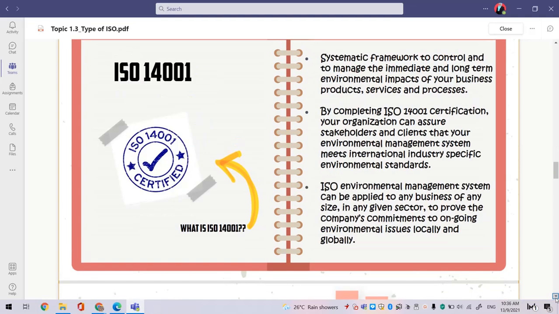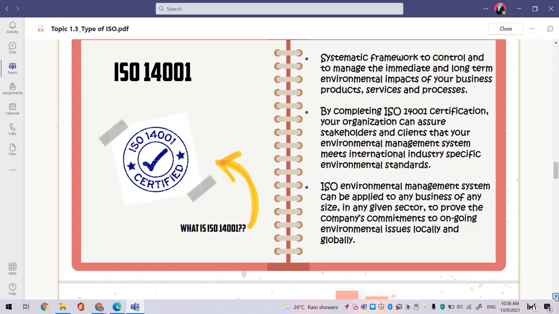What is ISO 14001? ISO 14001 refers to the systematic framework to control and manage the immediate and long-term environmental impacts of your business products, services and processes. By completing ISO 14001 certification, your organization can assure stakeholders and clients that your environmental management system meets international industry-specific environmental standards.